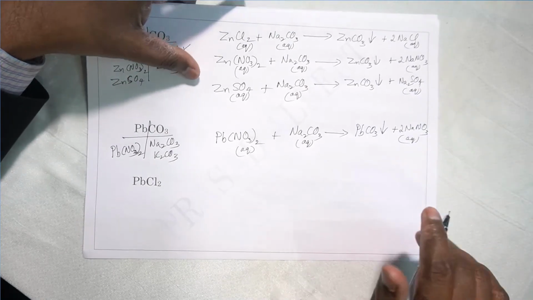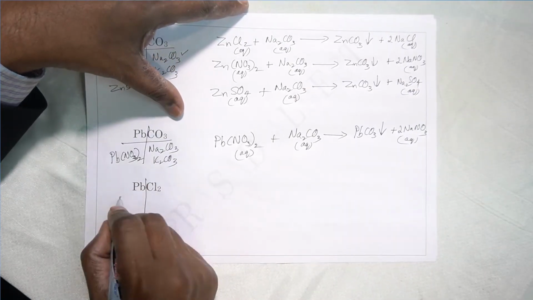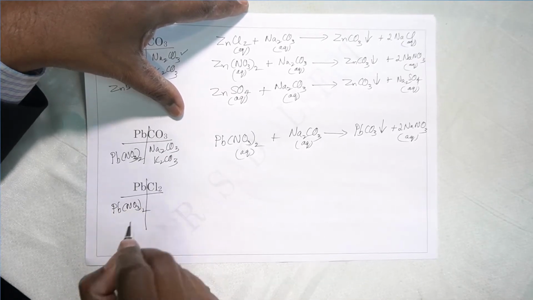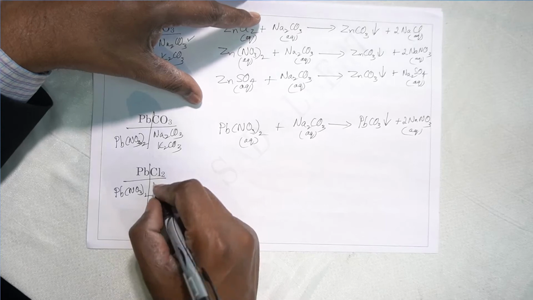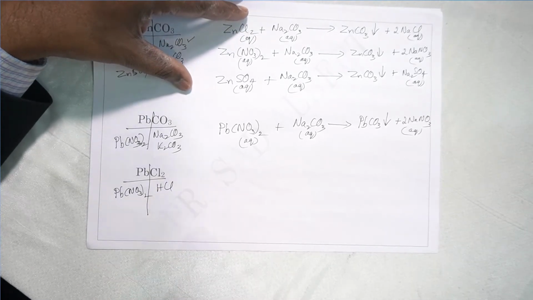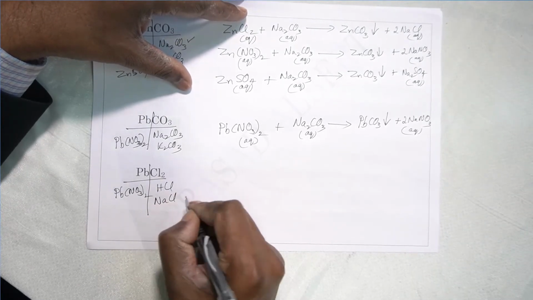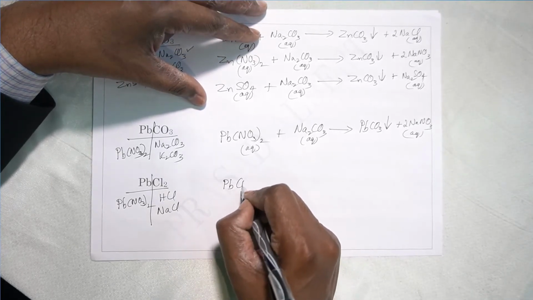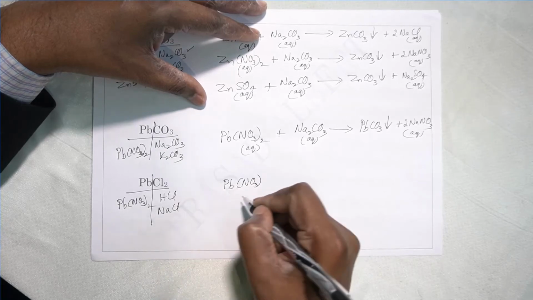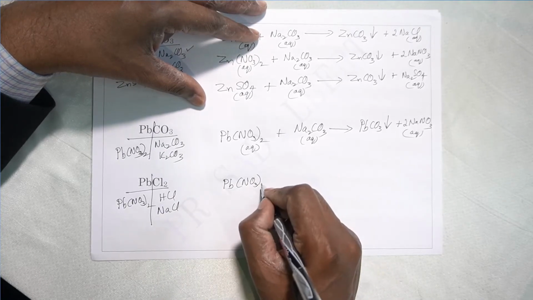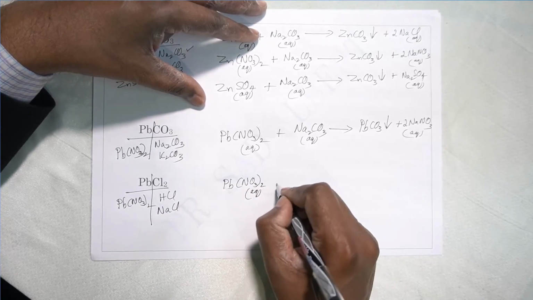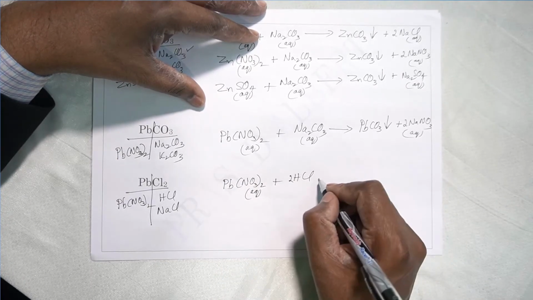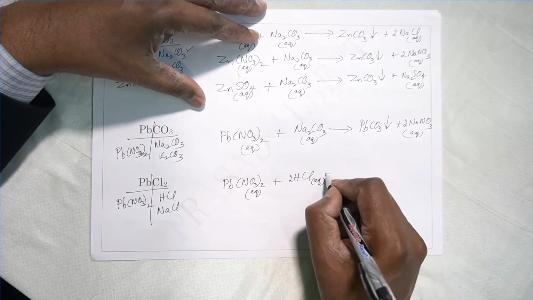That's all for lead. Now for lead chloride, again we have lead nitrate this side. Yes, only the lead nitrate, and this side we have hydrochloric acid, or we can take NaCl sodium chloride solution. Okay, so two equations possible, Pb(NO3)2. You can also write KCl, which I am not writing. Okay, aqueous plus 2HCl, lead is divalent, aqueous or dilute hydrochloric acid.